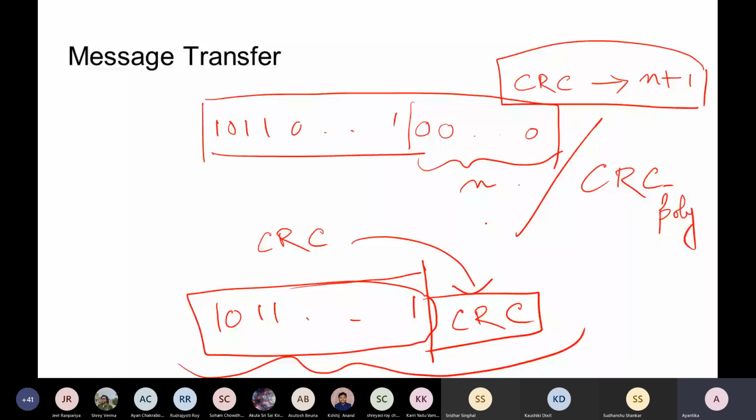It applies that polynomial to this value and gets the remainder. If that is 0, there is a match, and the receiver knows that the value sent from the transmitter side is the same as what was received.